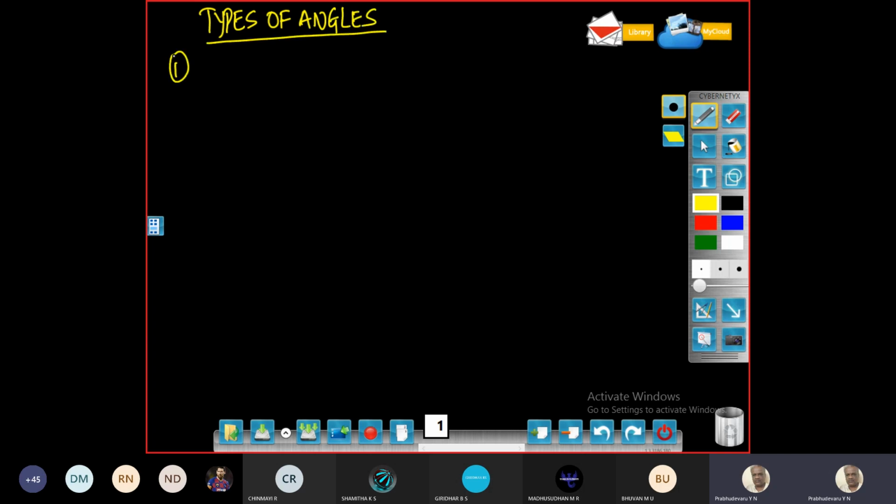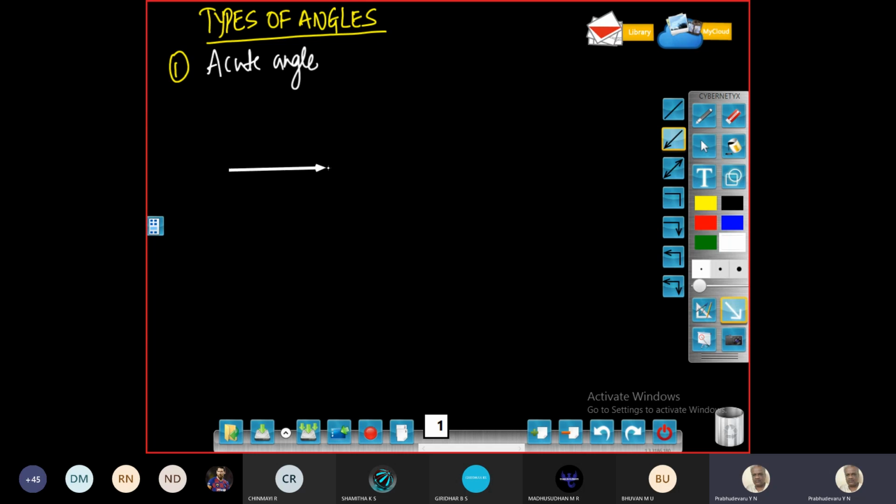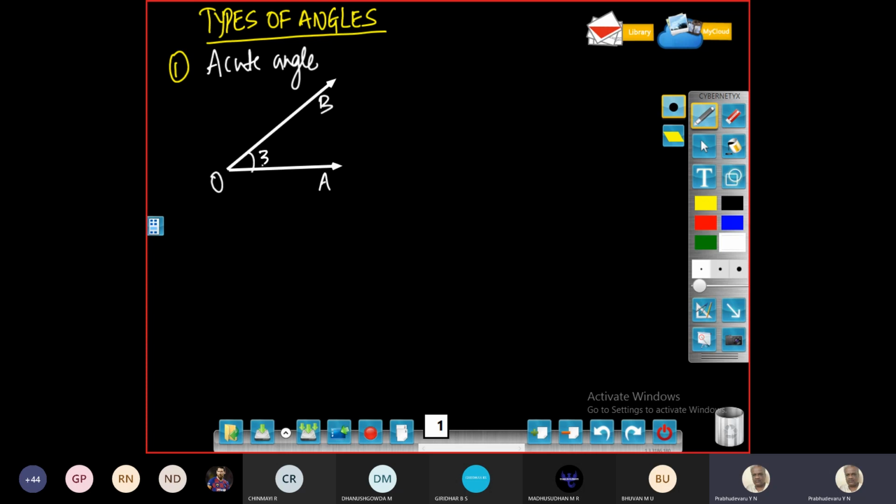Some of the types, first one, let me represent this is an acute angle. So let us draw the diagram for the acute angle. This is the diagram. You can write O, A, and then B. This angle, if it measures 30 degrees, it is acute.